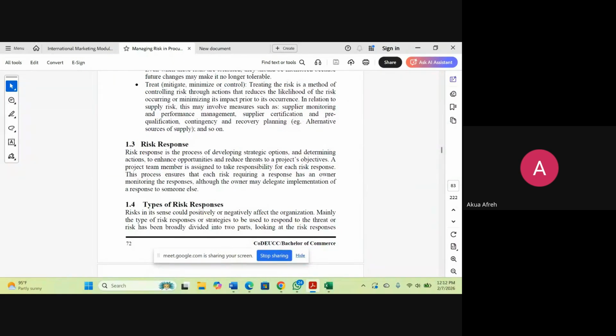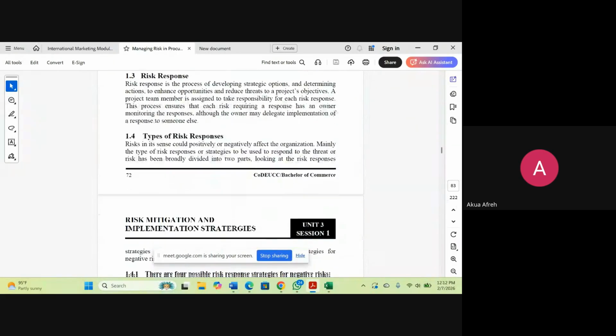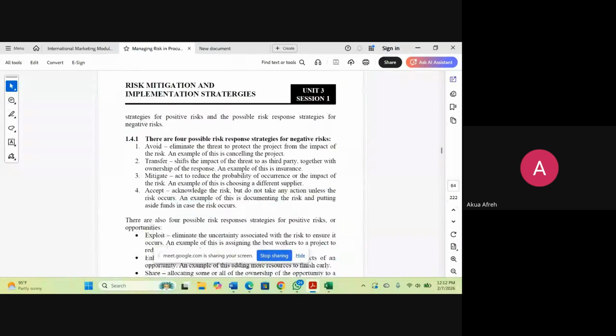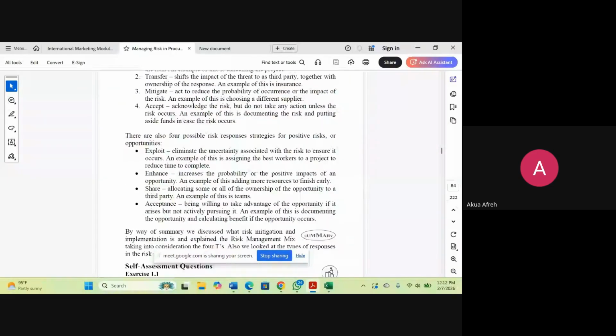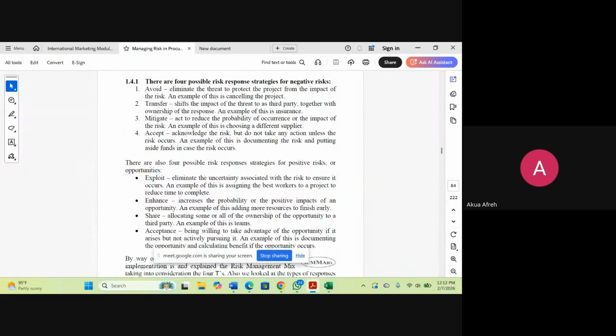And the responses have been grouped into two. We have the responses for negative risk and then the responses for positive risk. So the responses for negative risk is what we have talked about, of which I'm not going to talk about again. That's the 4 T's.